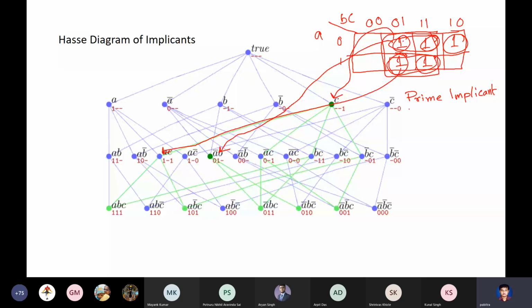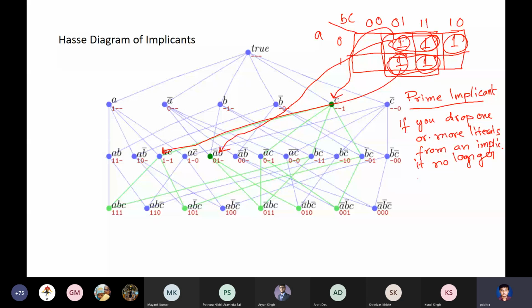A prime implicant is such that if you drop one or more literals from an implicant, it no longer remains an implicant.